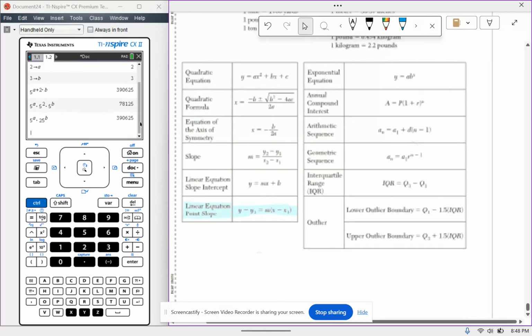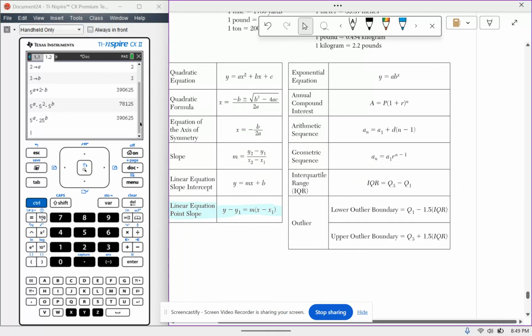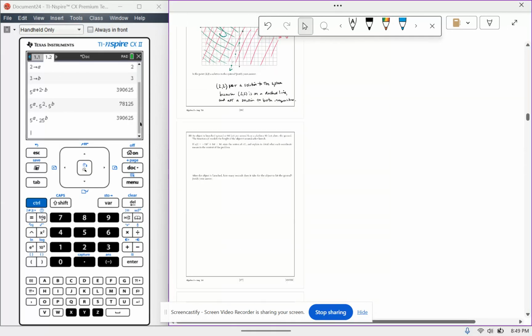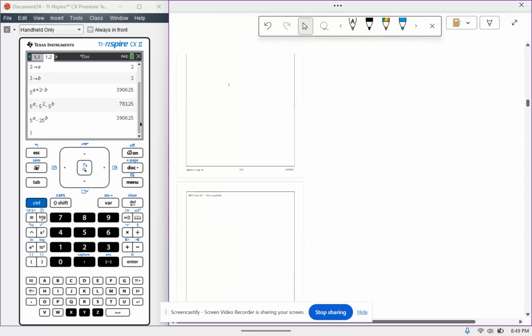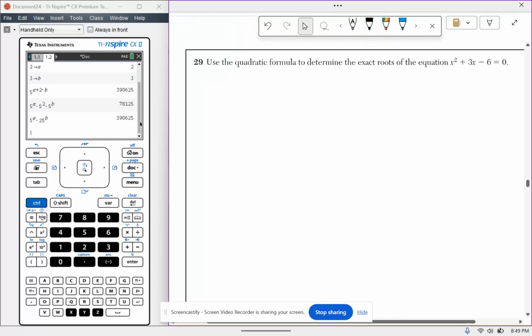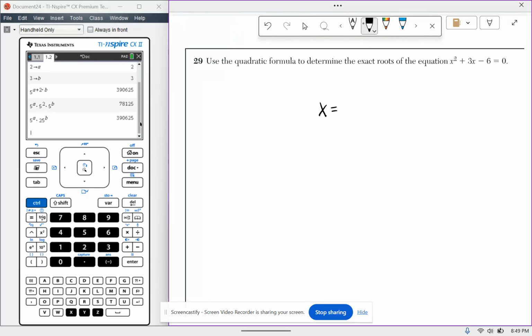Assuming you know where it is. You look at it and x is equal to negative b plus or minus the square root of b squared minus 4ac all over 2a. Except I know that this is the discriminant.